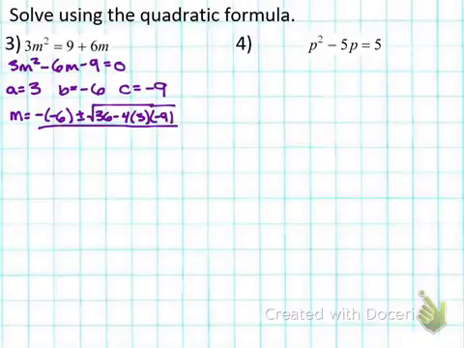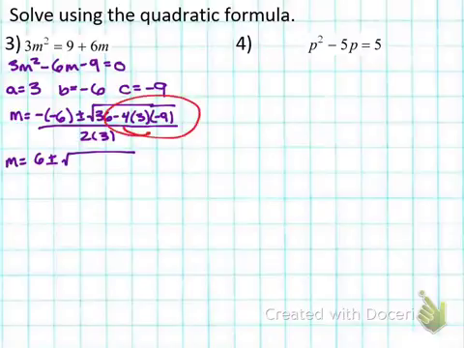Okay, and that's going to be all over 2 times a, which is just 3. The negative 6 is just a positive 6, and then plus or minus square root. 4 times 3 is 12 here. 12 times 9 gives us 108, so this is 36 plus 108. It's positive because we have 2 negatives here.